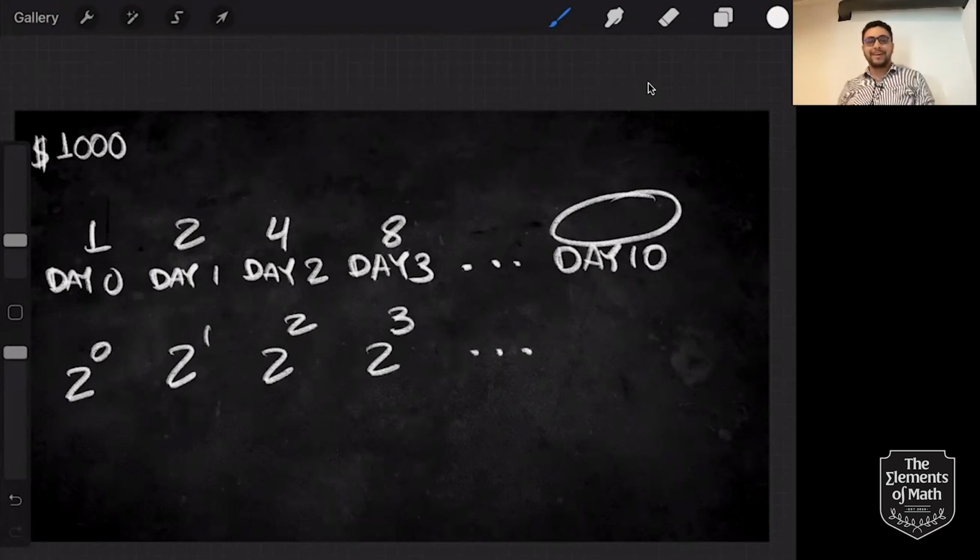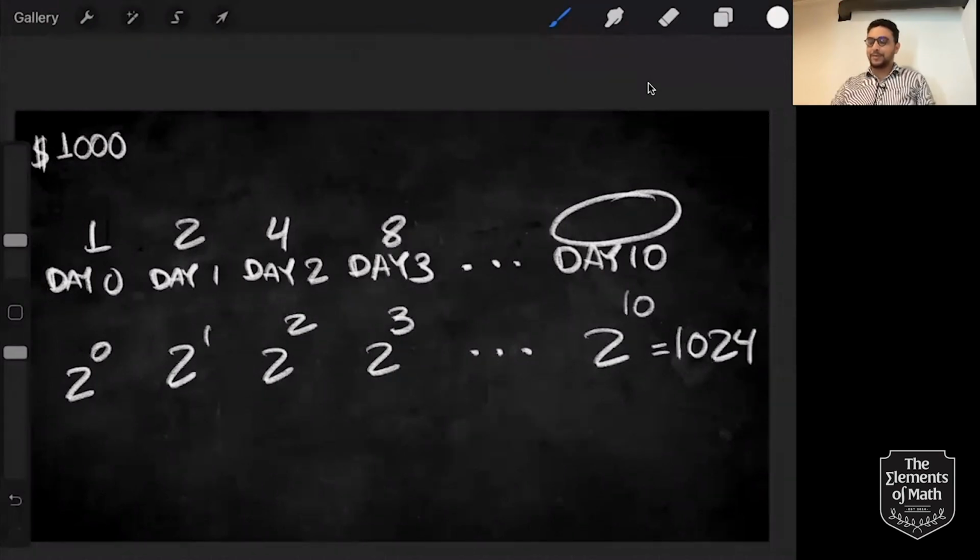So what do you think you would have at day 10? Exactly, 2 to the power 10. That's $1,024 that you're going to receive exactly at day 10, but you also have the money that you already got in the days before. So that's quite a lot, and it is much more than $1,000.